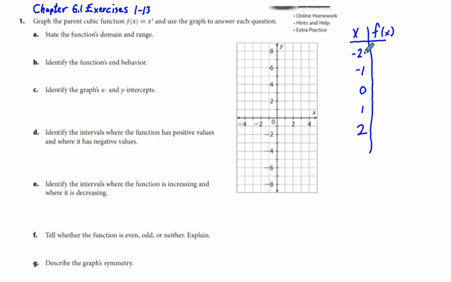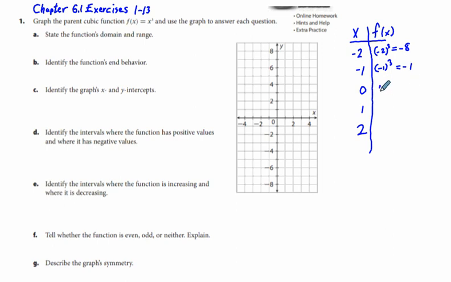Okay, if we input -2, we're going to have -2 cubed, which is -2 times -2 times -2, which is -8. Next, for input of -1, we have -1 cubed, which is going to be equal to -1.